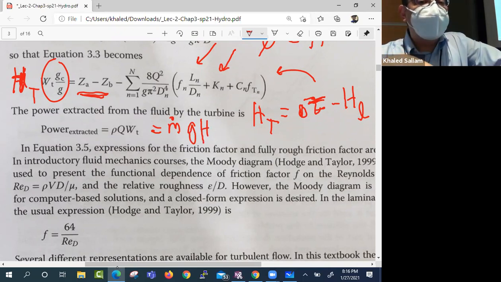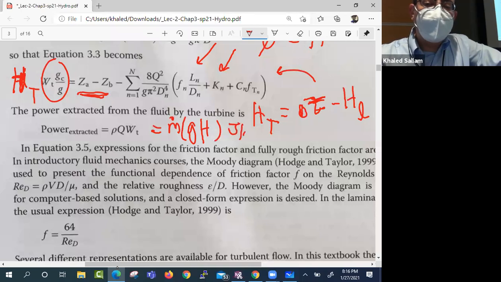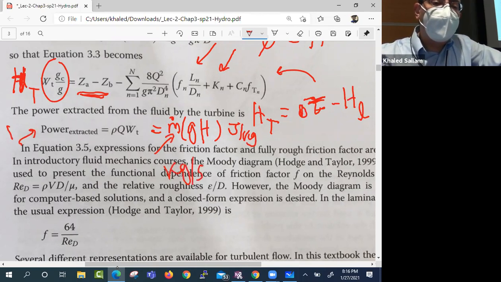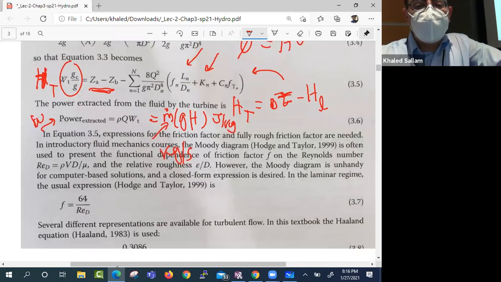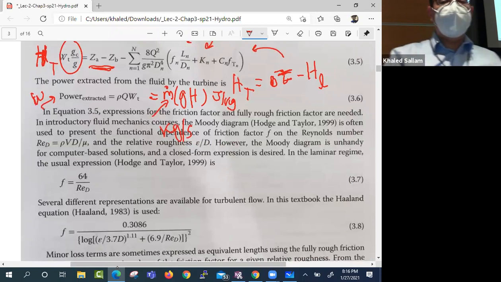That work thing is simply GH. Okay, so again, kilogram, joule per kilogram, multiplied by kilogram per second. You get yourself your kilowatt or watt or megawatt. Question so far? And he's explaining to us how we get the Reynolds number.